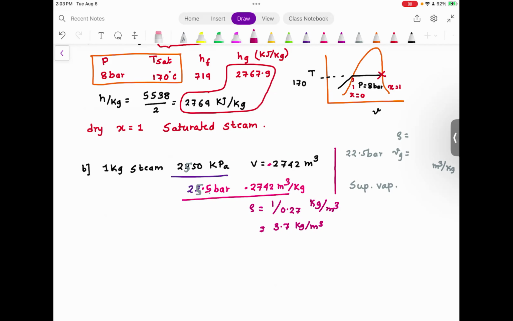Now I can see 3.7. So it is in between, and then if you track it down all the way to the constant pressure line, which is 25.5, you can see that point is somewhere over here. 3.7, then drag it down all the way to the pressure 3.5, and so it is in the superheated region.